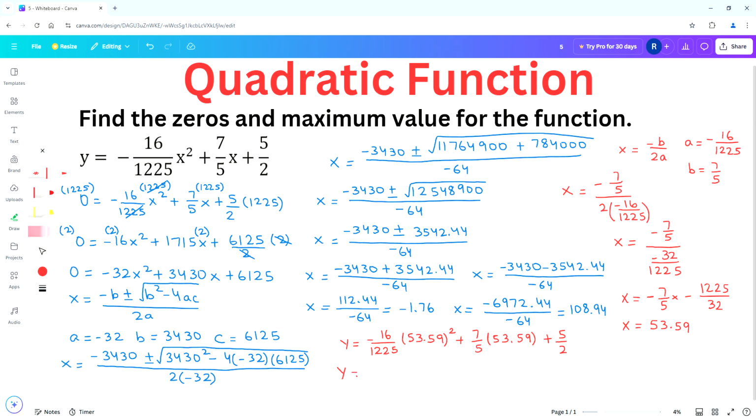Now we can simplify this expression. I get 40.02. This is the y coordinate of the vertex and the maximum value for this function.